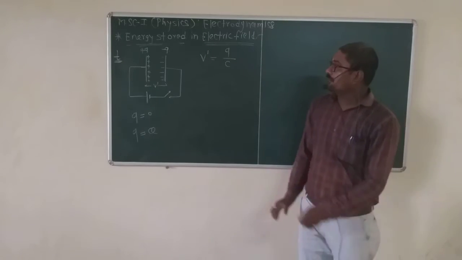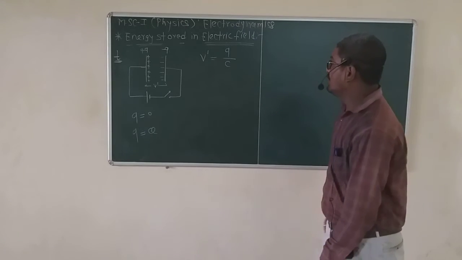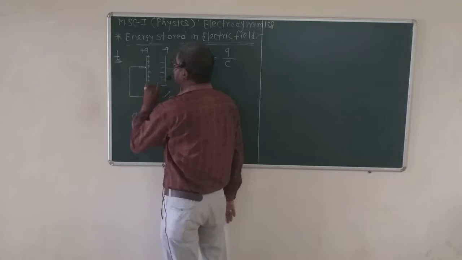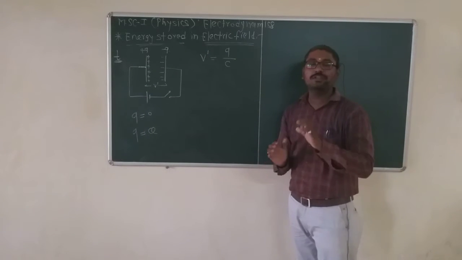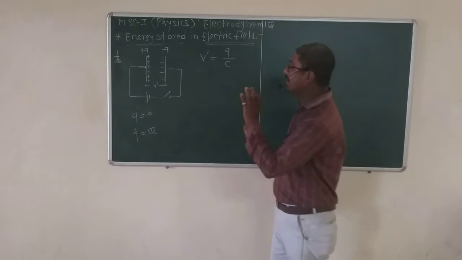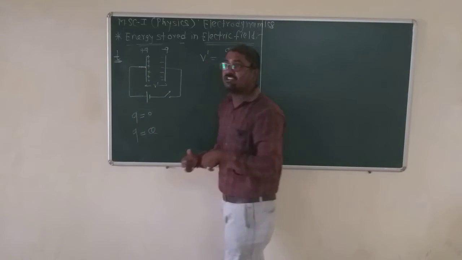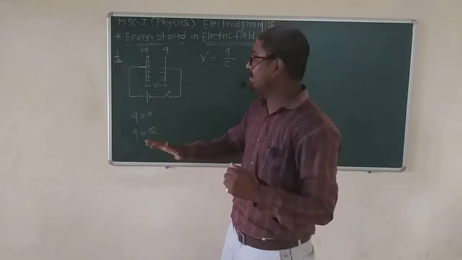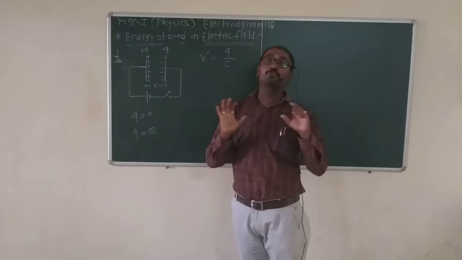But we calculate the energy. When the key is on, the capacitor is slowly charged. But we need to give the capacitor another charge, that means more charge. At that stage the capacitor was not fully charged.